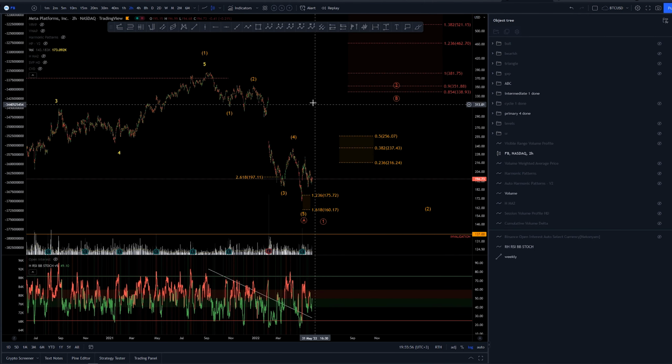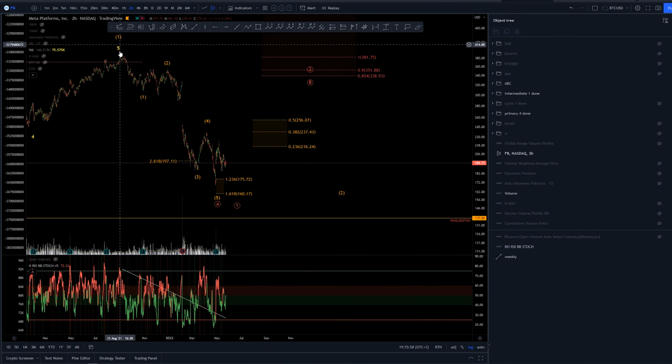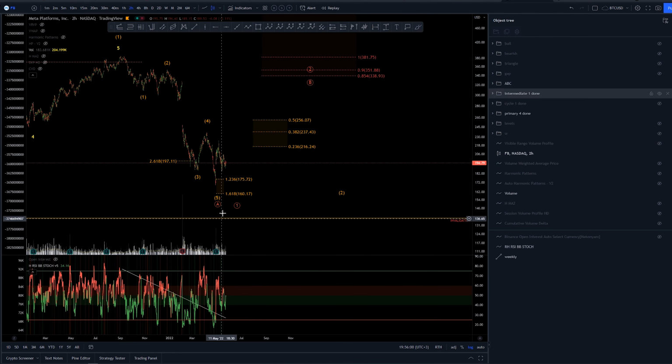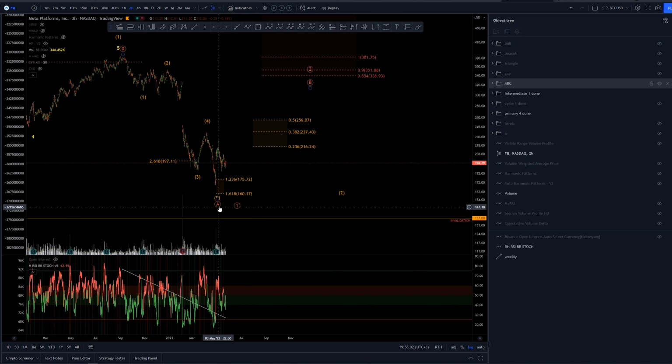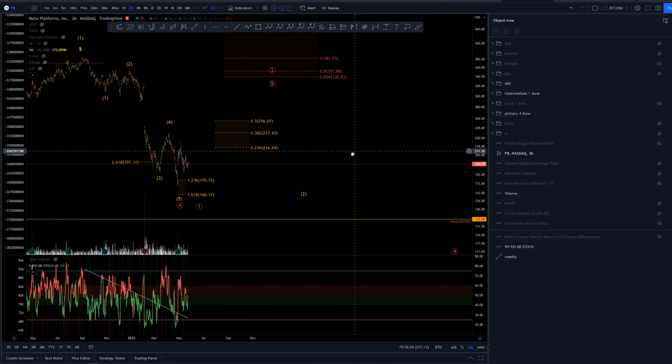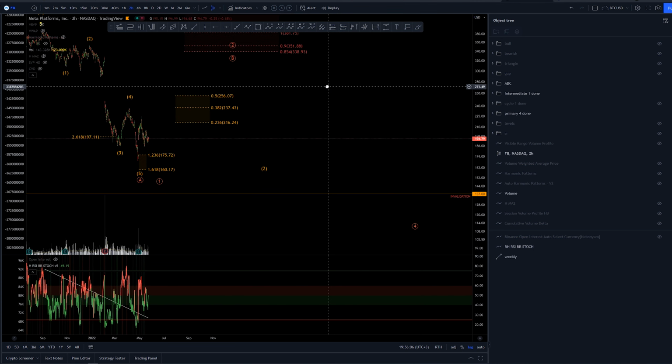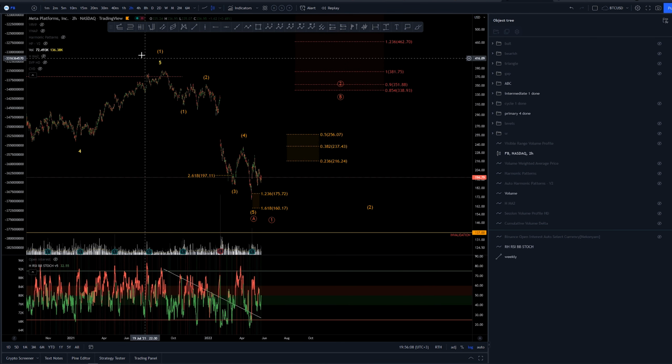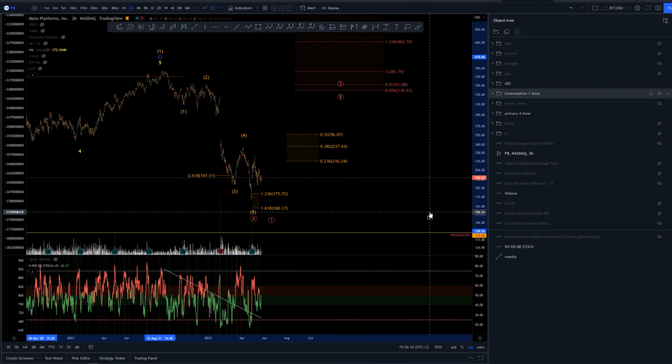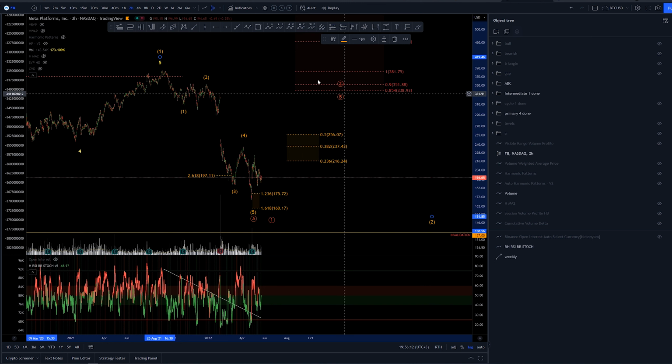Also, as mentioned, I've labeled this as a 5-wave structure, so this would be the A wave, looking for the B wave and then C wave downwards to finish the wave 2, or something else.